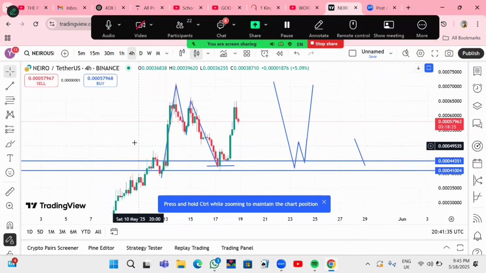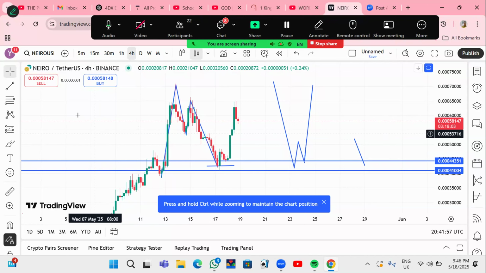Yes, sir. So you have seen that in the weekly time frame the trend is bullish. So you look for bullish opportunities. If you see that price is bullish in a weekly time frame, then you go to 4 hour and you are selling, you will lose money because price is bullish, price is going up. Do you understand? It is only when it has changed.